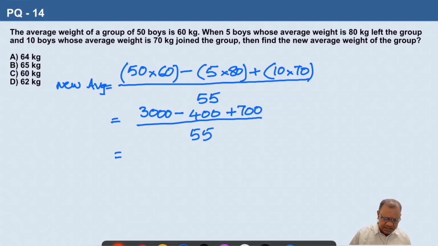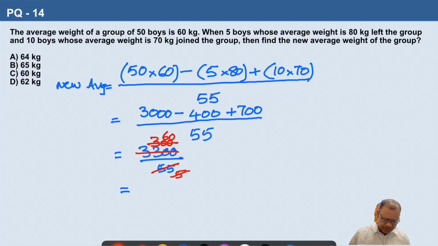So 3000 minus 400 is 2600, plus 700 is 3300. 3300 divided by 55. You can cancel by the 11 table: 11 5s are 55, 11 3s are 33. Then 5 into 6 is 60.